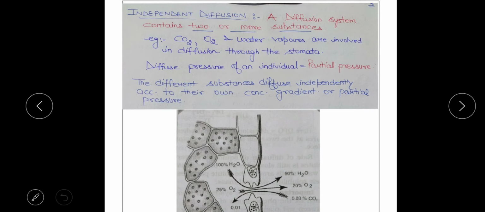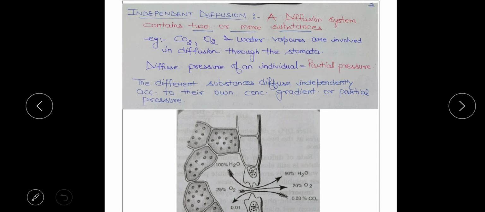So the general examples are carbon dioxide, oxygen and water vapors, which are involved in diffusion through the stomata, during stomatal opening and closing. So they are moving through that particular stomata, carbon dioxide, oxygen plus water vapors. So the diffusion pressure of an individual gas is equal to its partial pressure.